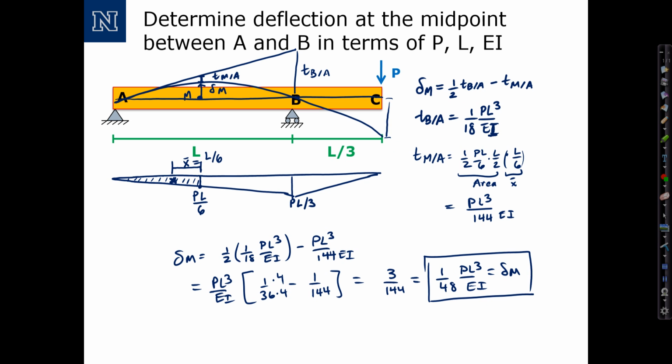And based on the sketch of my deflected shape, that makes sense to me. I would expect this cantilevered end, with the same rotation here, to bend further downwards. So both of these answers taken together seem reasonable and pass my sanity check. That concludes this video.